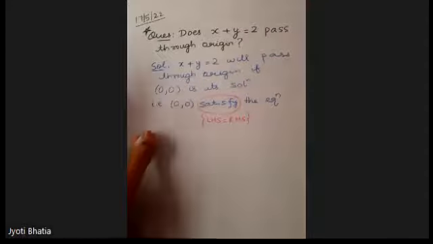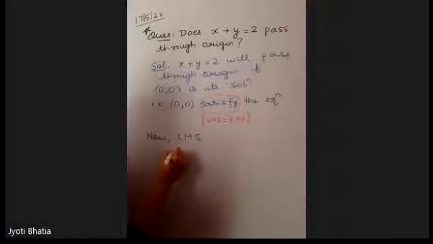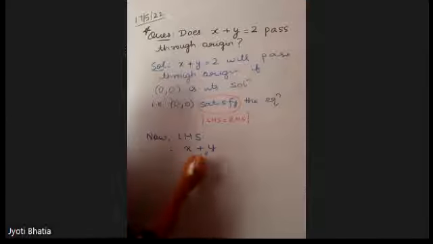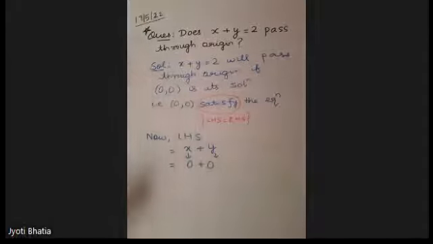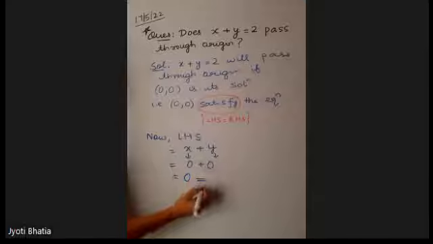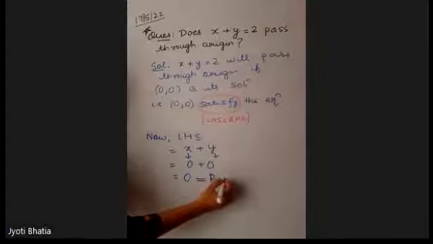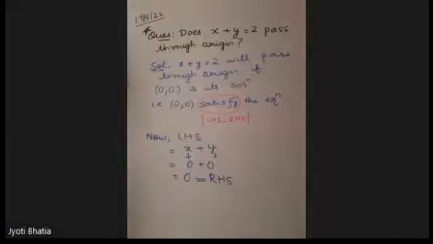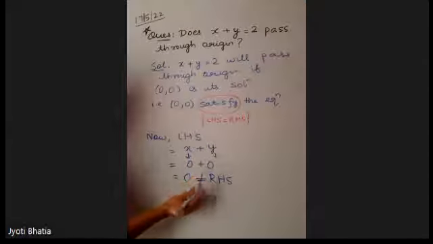Okay? So now see. Now LHS is equal to x plus y, which is equal to 0 plus 0, beta. And 0 plus 0 means 0. Is it equal or not equal to RHS? So 0 is not equal to 2. For not equal, this is the sign.